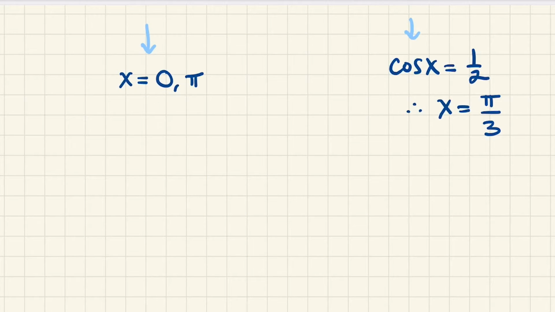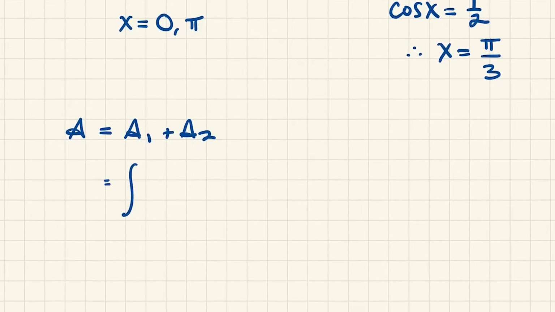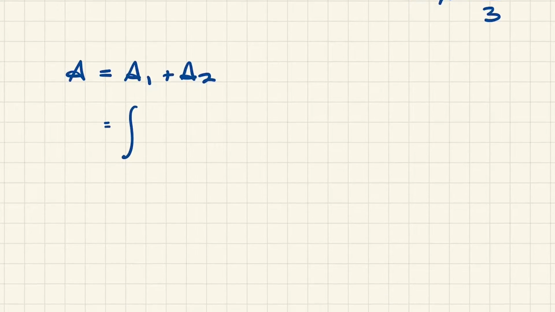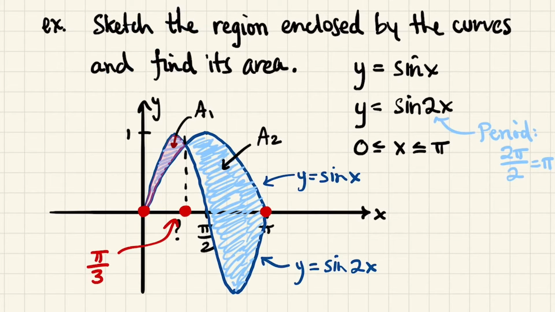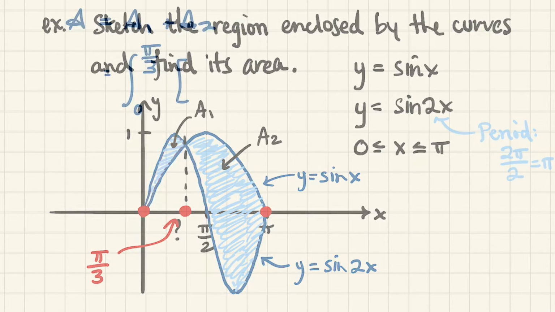Okay, so the area, which is A1 plus A2, is the first area, which is A1, the integral from 0 to pi over 3 of the upper function, and the upper function in that little region, remember, is the sine of 2x, and the lower function is sine of x.